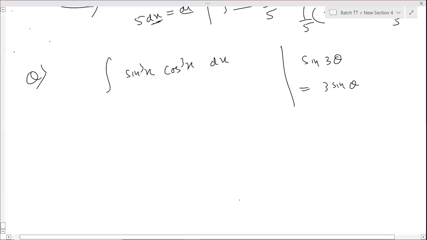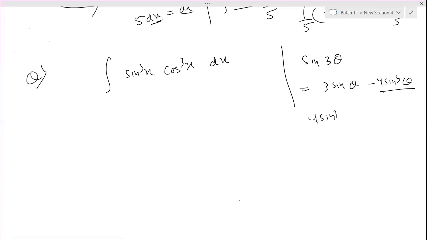Sine 3 theta is 3 sine theta minus 4 sine cube theta, right? So from here, 4 sine cube theta is 3 sine theta minus sine 3 theta, so sine cube theta will be 3 sine theta minus sine 3 theta upon 4. Please note down the formula.